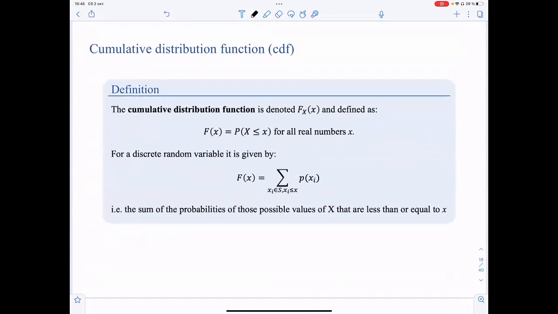distribution function. Well, a probability mass function, a PMF, is applicable to a discrete random variable, while the CDF is more appropriate to model a continuous random variable. And what CDF means is actually the following.